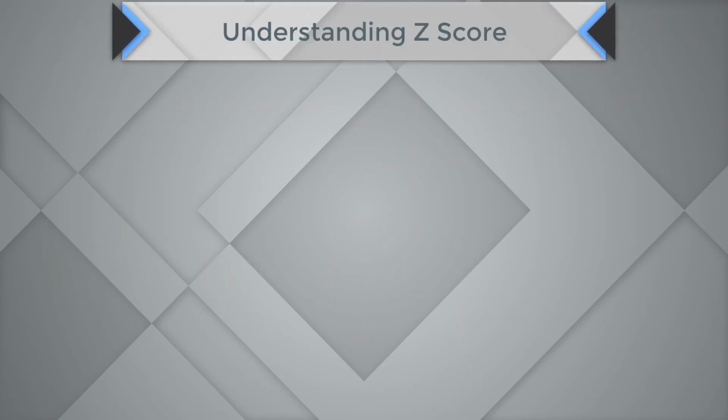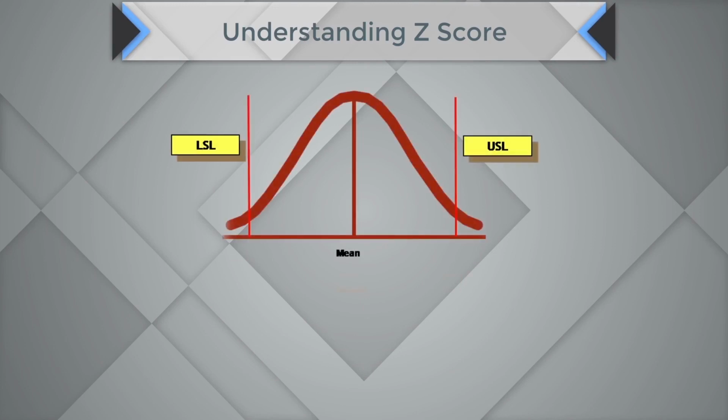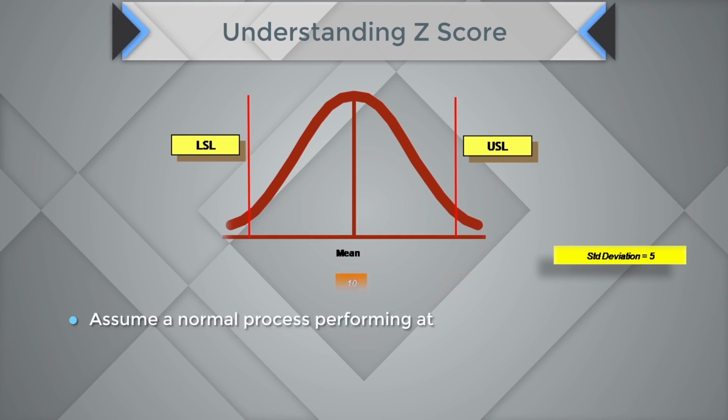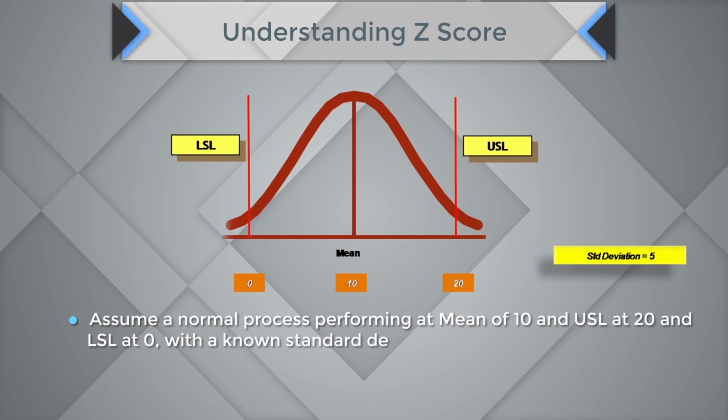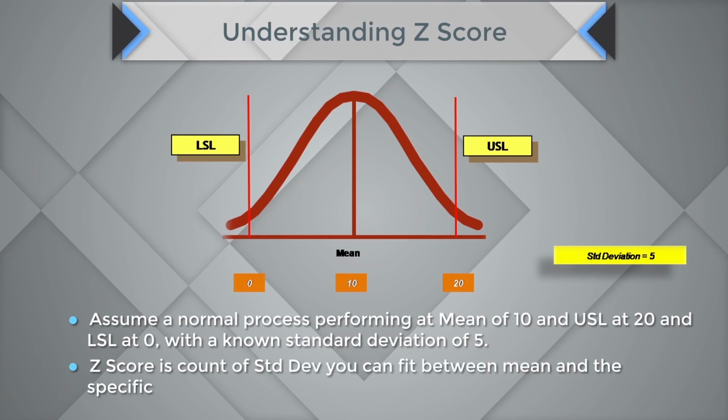Let's take an example. So if I have a mean, LSL and a USL, and I have a known standard deviation of 5, the process is assumed to be normal with a mean of 10, upper specification limit at 20, lower specification limit at 0, and a standard deviation of 5. Z-score is nothing but the count of standard deviations that I can fit between the mean and the specification.